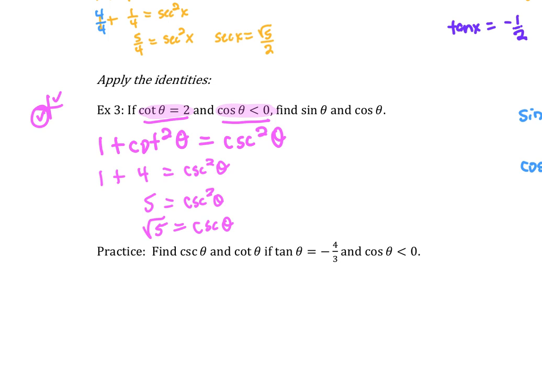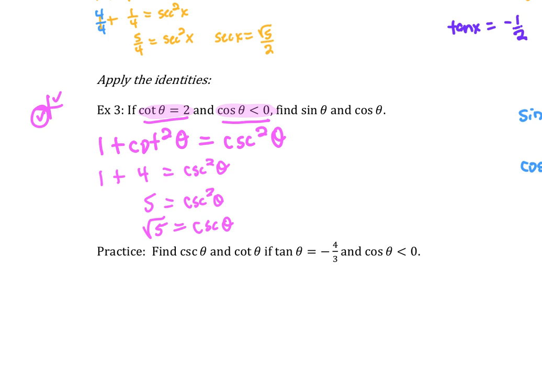From here, we have some options of coming up with what our cosine is. I want you to think about how we could use Ben's identity, which says 1 plus tangent squared x equals secant squared x. How could we, from the get-go, have used Ben's identity rather than Alice's identity?